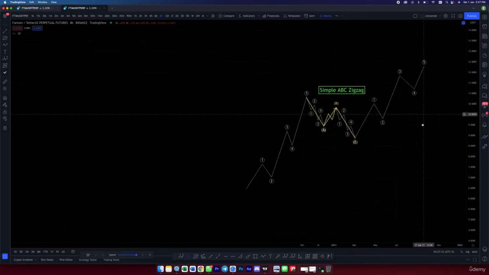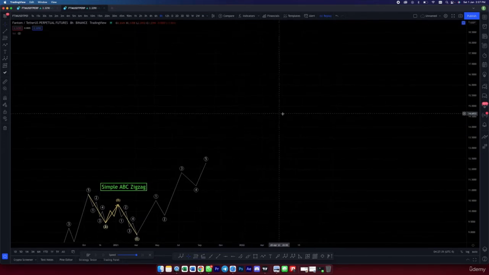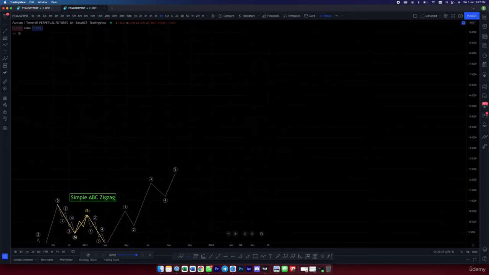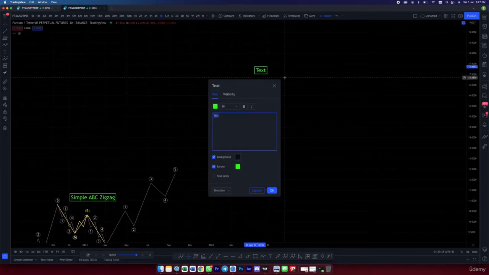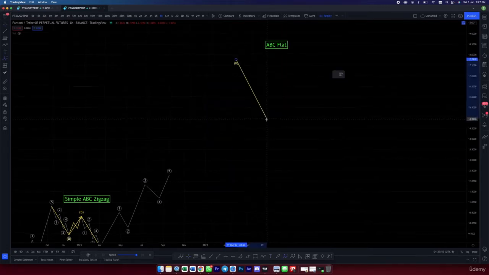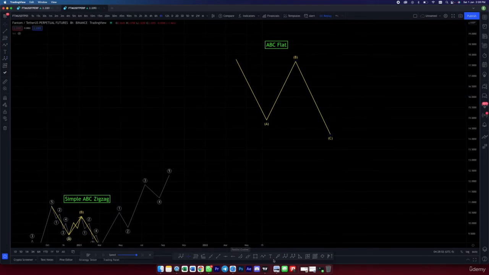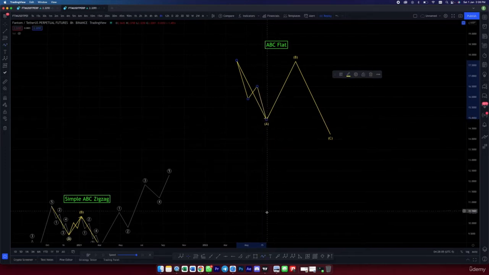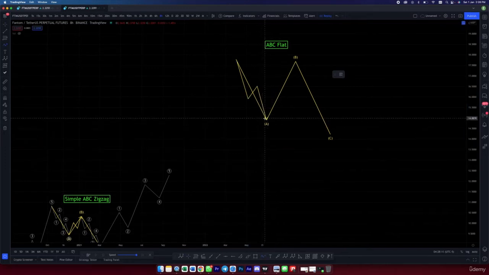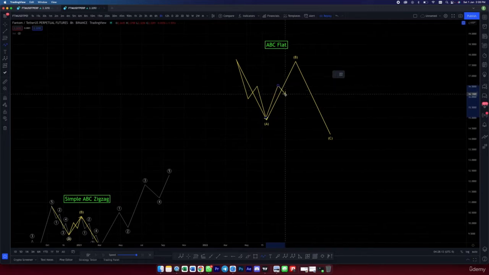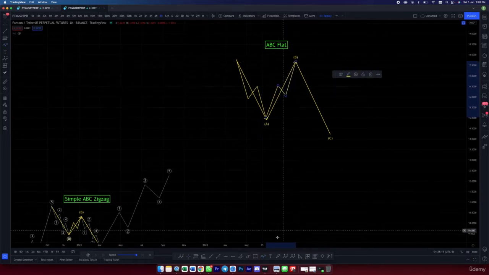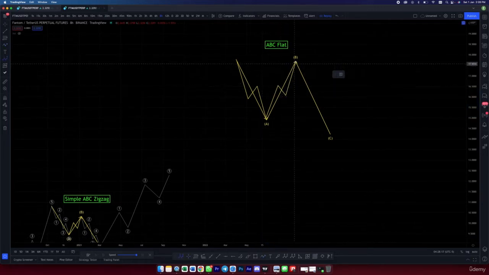Now let's move on. There is another type of variation that we call the ABC flat. Instead of 5 3 5, it will be a 3 3 5 structure.